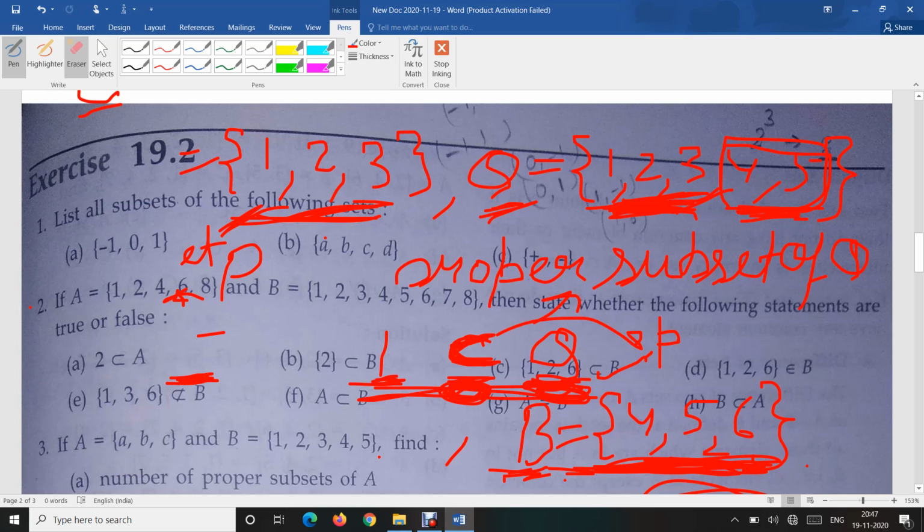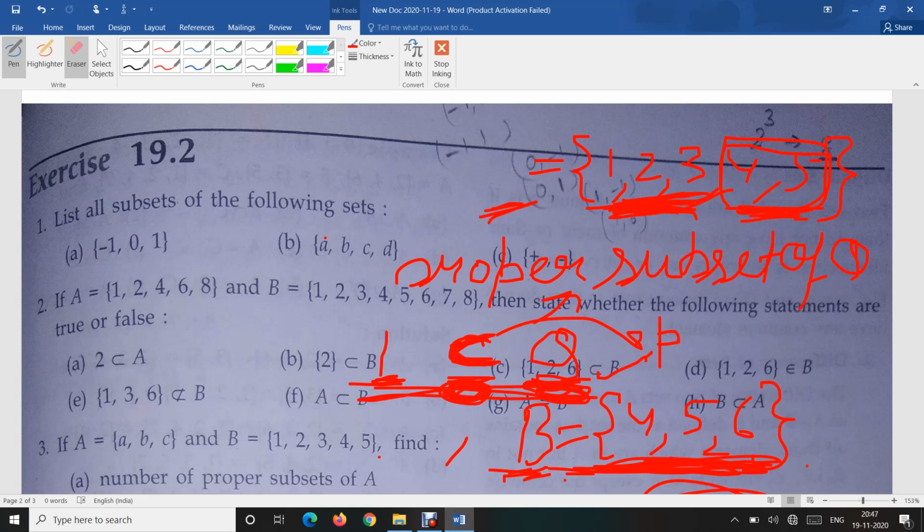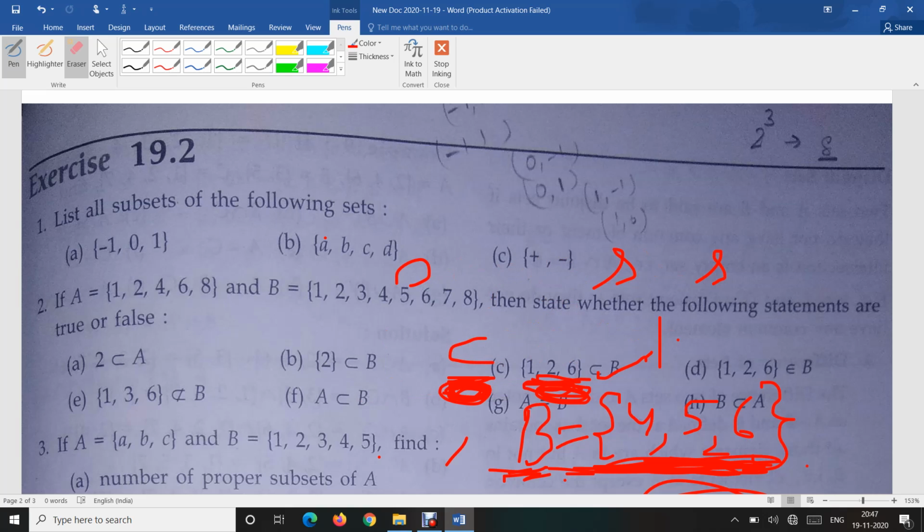So what is universal subset? One thing you are clear from the name is "universal". What do you mean by universe? It contains all, as you must have studied in the solar system.